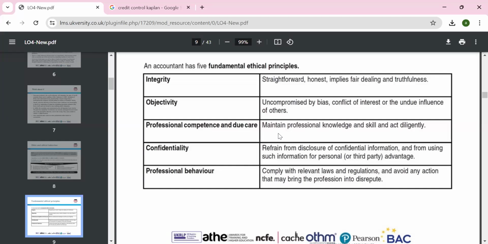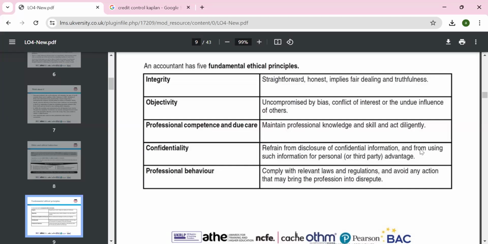C is confidentiality. Do not disclose confidential information or use such information for personal or third party interest. Sharing the information of a client and their approach is breaking confidentiality. The Data Protection Act 2018 and GDPR are also ethics matters as well.